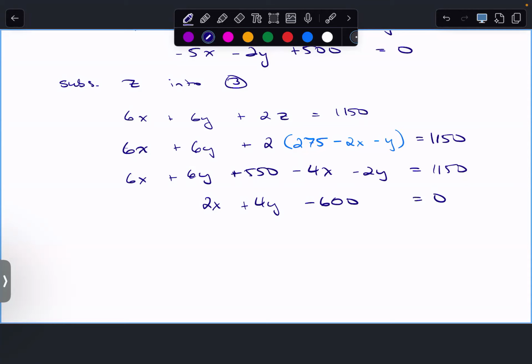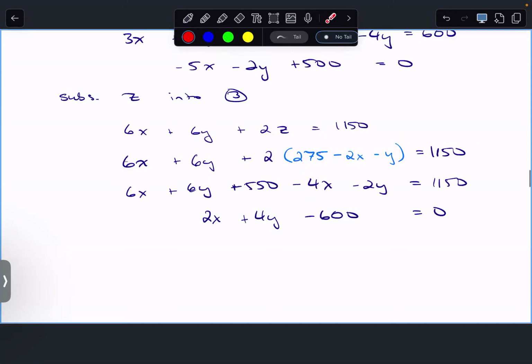I meant from 2x plus 4y minus 600 equals 0, I put 600 on the other side.